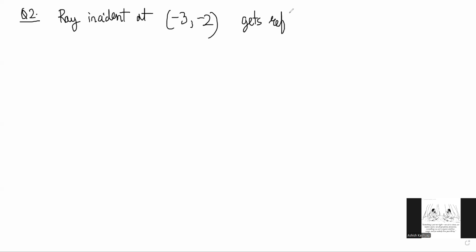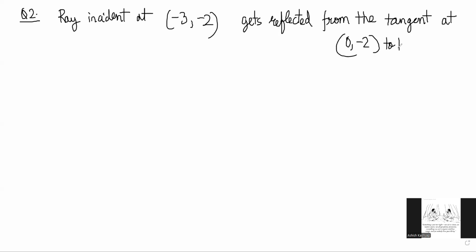A ray of light incident at the point (-3, -2) gets reflected from the tangent at (0, -2) to the circle.